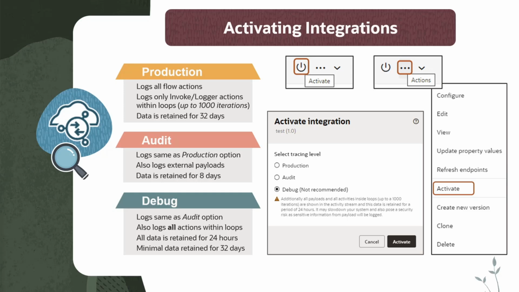This option logs essentially everything to include all actions inside of loops, again, up to 1,000 iterations. However, with all of this data, the retention period is only 24 hours. Afterwards, there is only minimal data available stored about the integration instances, which is retained for 32 days.